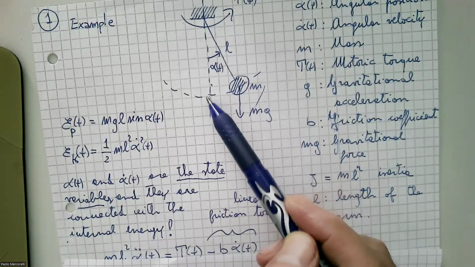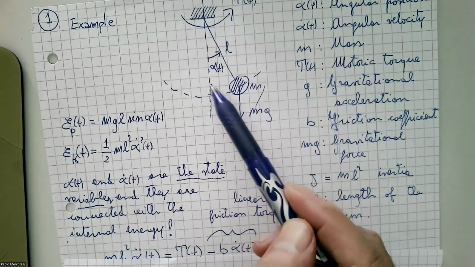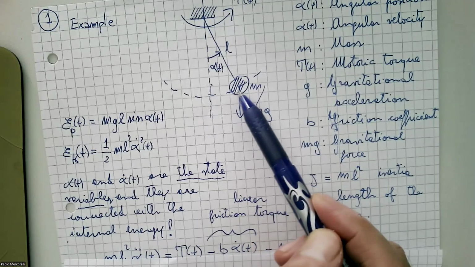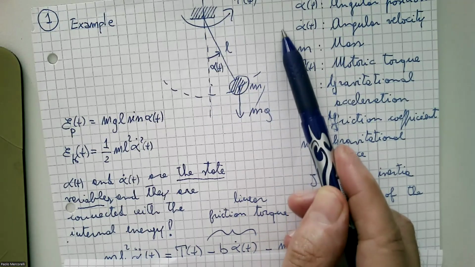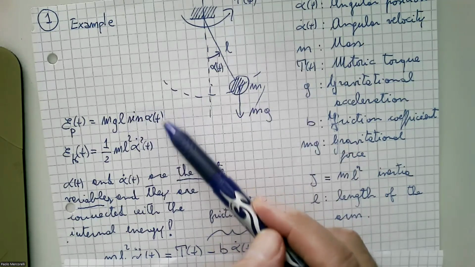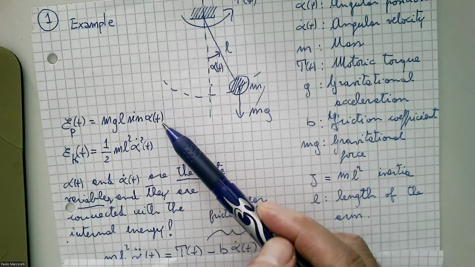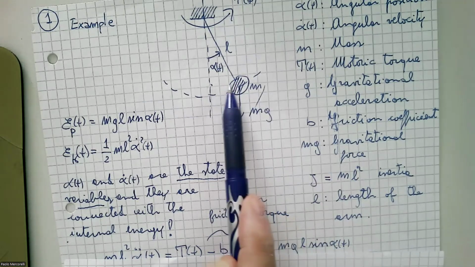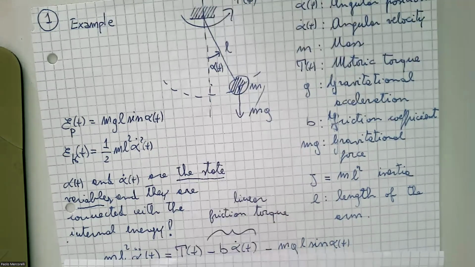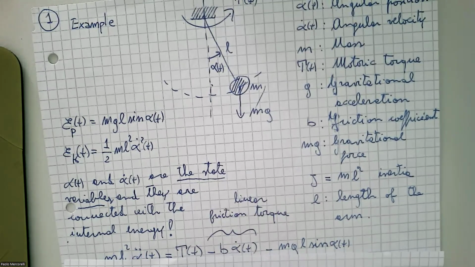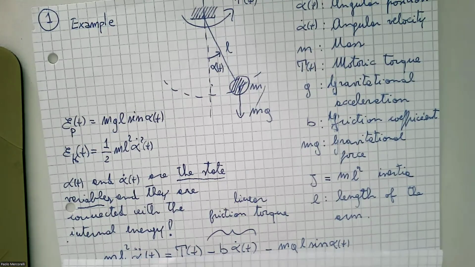In this position the potential energy is zero, and then it increases in this direction. Basically, it is proportional to L multiplied by sine of alpha, which is this distance. Anyway, probably you know better than me how we can demonstrate these equations.